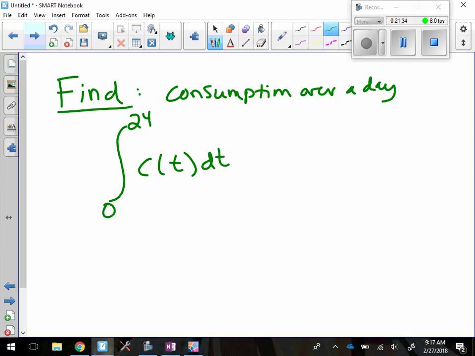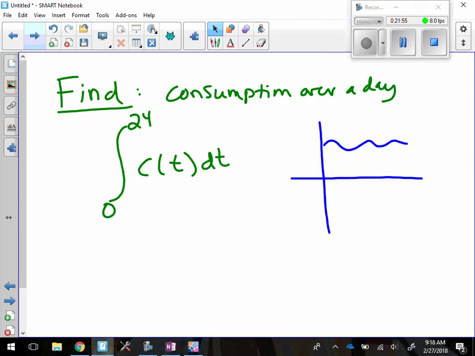So this is my rate, and I'm effectively multiplying it by an amount of time. My rate, I don't know exactly what it looks like, but it's going to look something like that, right? Because it's something minus a sine function, so it's really just shifted up. So this is C of t.